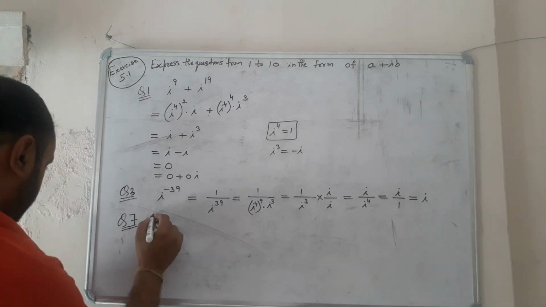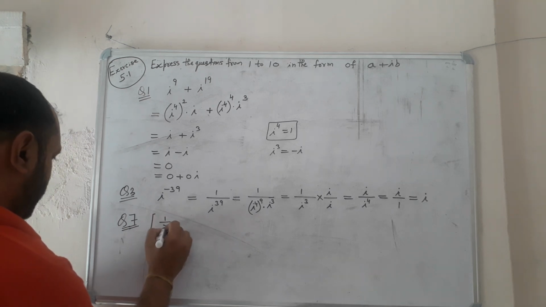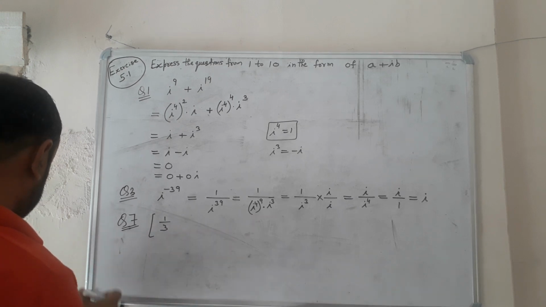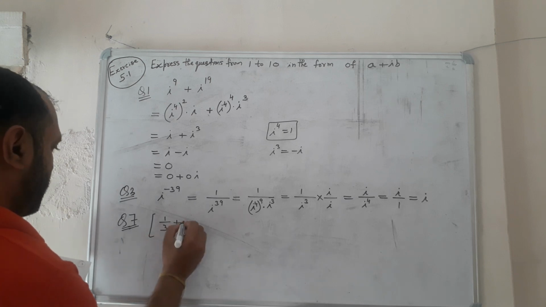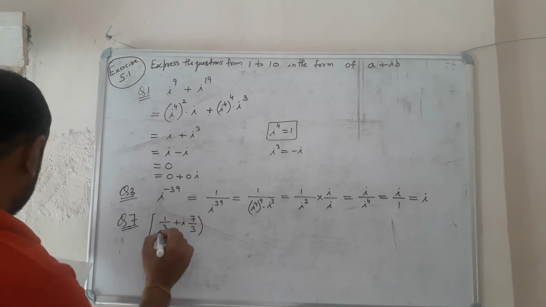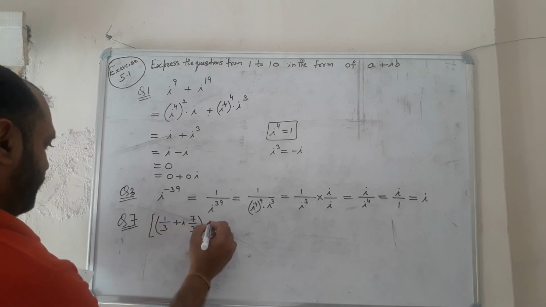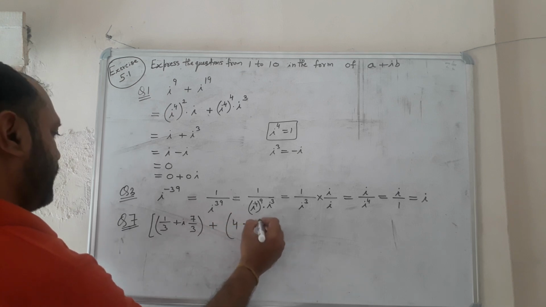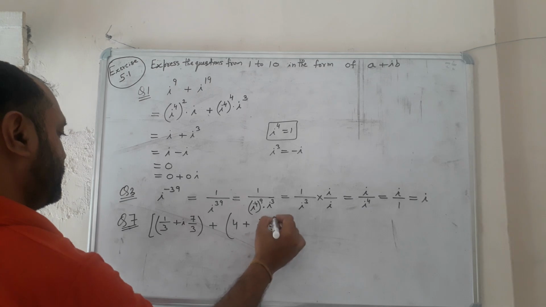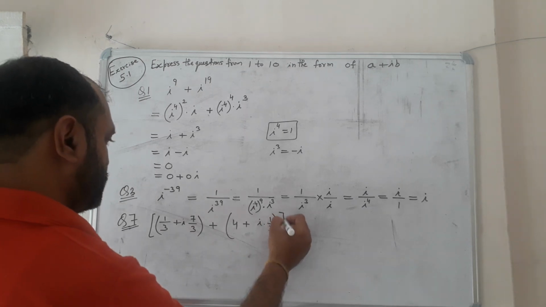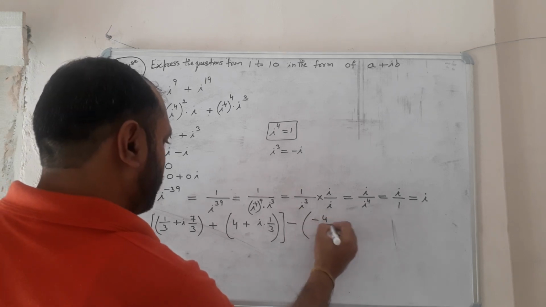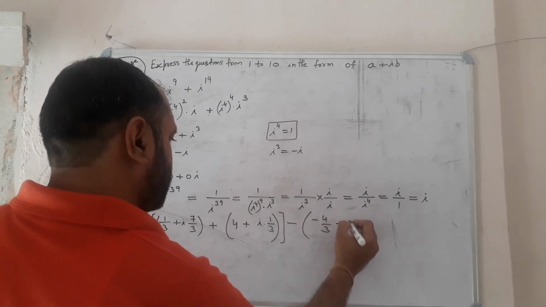The question is: 1 upon 3 plus iota 7 upon 3, into, bracket, plus 4 plus iota into 1 by 3, bracket close, minus 4 by 3 plus iota.